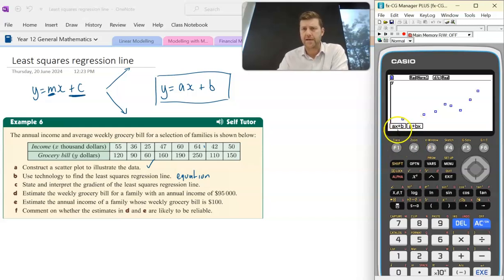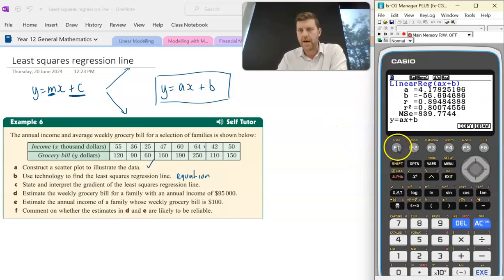X and ax plus b, see that looks familiar. Okay, over here. And when in here, you can see obviously the values of r and r squared, which we've already looked at previously, but it also gives us values for a and b. Okay, a in this case obviously being our gradient, and b being our y-intercept.